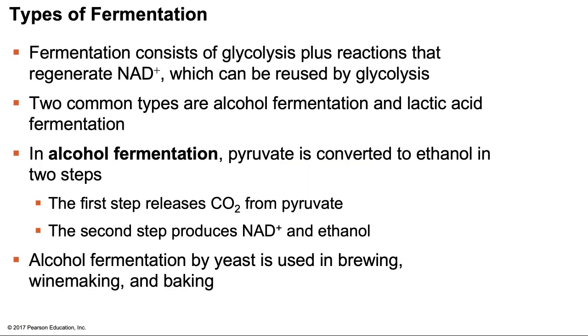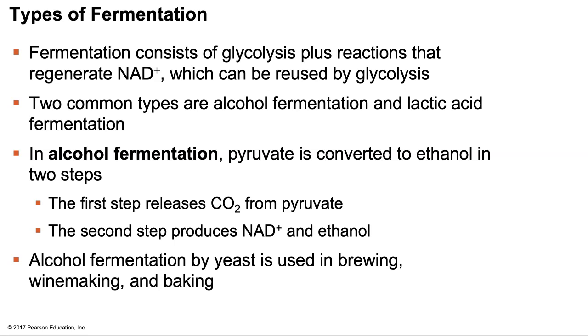So alcohol fermentation is, after glycolysis, we formed pyruvate, right? So we're starting with pyruvate for fermentation. So for alcohol fermentation, that pyruvate gets converted to ethanol, right? This is how our alcoholic beverages are formed. Alcohol fermentation is forming the molecule ethanol.